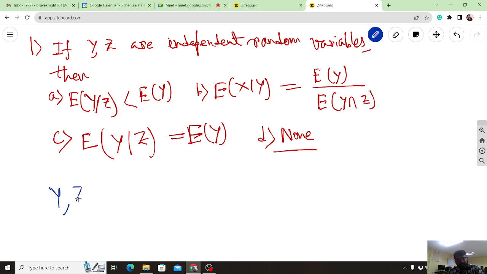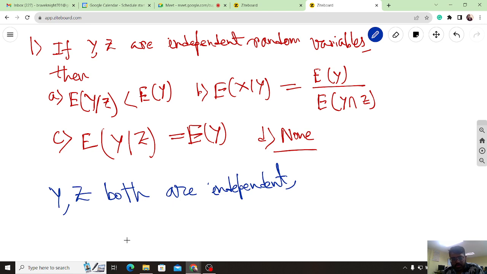Because Y and Z both are independent, that's why we can write that f of y given z, the PDF, is equal to f of y.